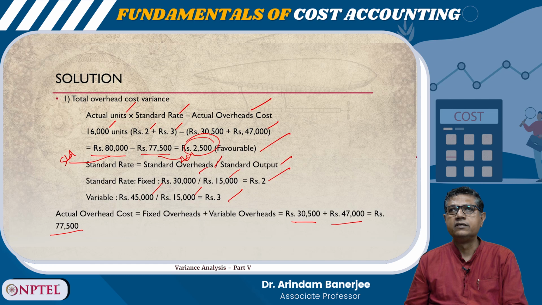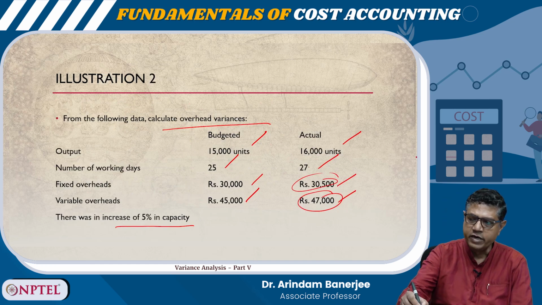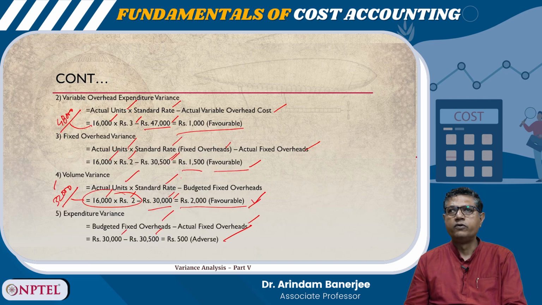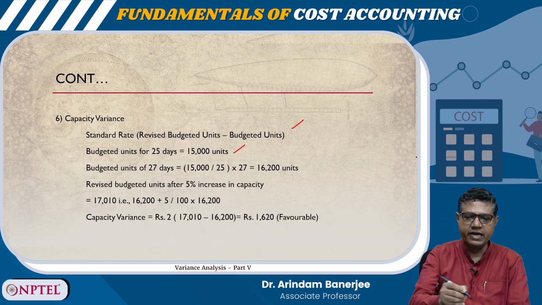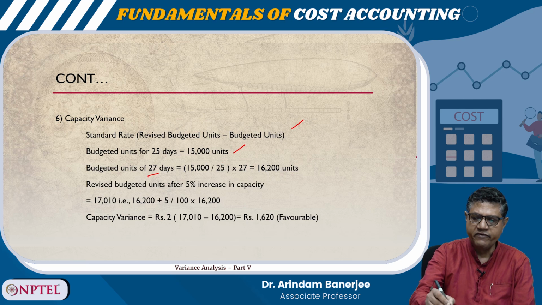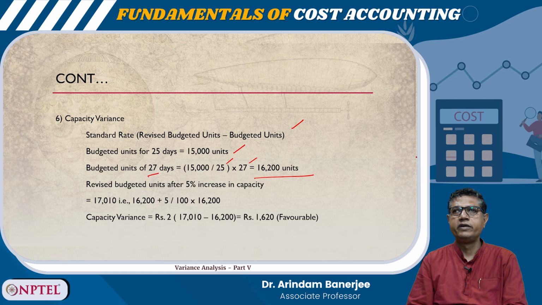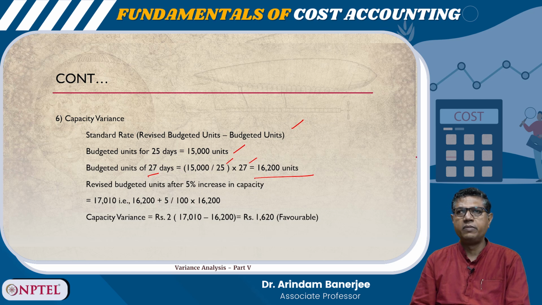You can see in the question here, it is 27 actually. The budgeted days were 25. So, for 27 days, it is 15,000 by 25 into 27. So, 16,200 units.